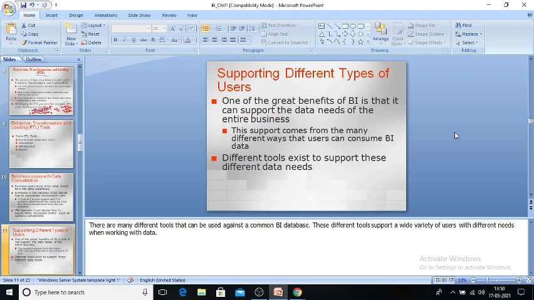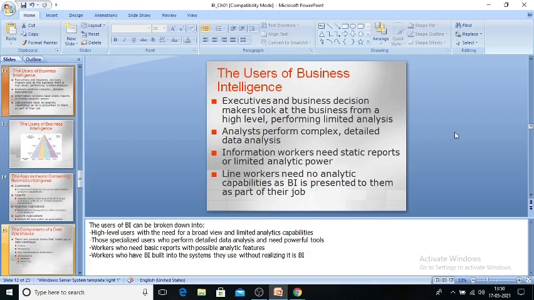Okay, but different levels of information will be presented, depending on what they need, but that data has to be presented for everyone. Different tools exist to support these different data needs. Got it? So we'll discuss those things.